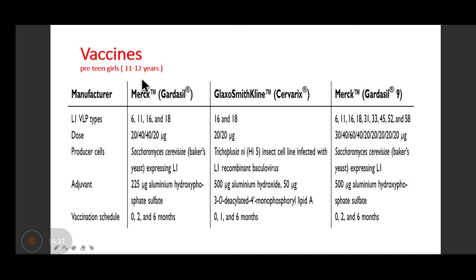An important thing is that it is recommended in the pre-adolescent age group, that is 11 to 12 year old girls. One may ask when the HPV vaccine is given. This vaccine is given in pre-teen girls, generally 11 to 12 years.